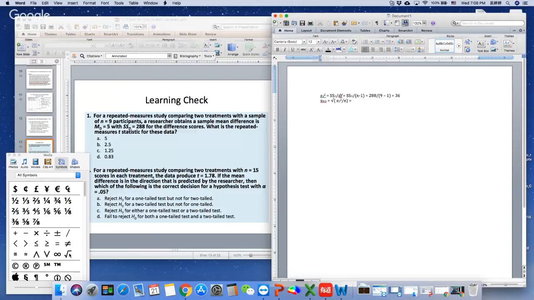So this is the square root of 36 divided by 9, which is the square root of 4, which equals 2. So we know the SMD equals 2.